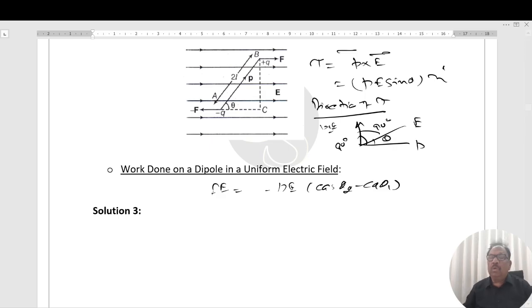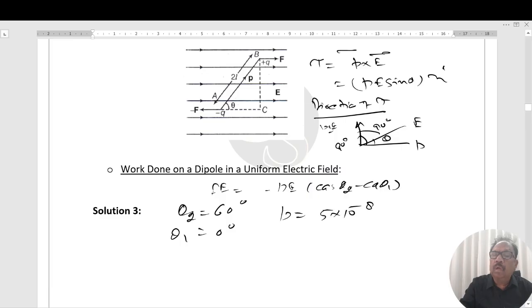In this case, theta 2 is given to you as 60 degrees, theta 1 is 0 degrees. The moment is given as 5 into 10 to the minus 8 coulomb meter, and the electric field is 1.44 into 10 to the power 4 Newton per coulomb.